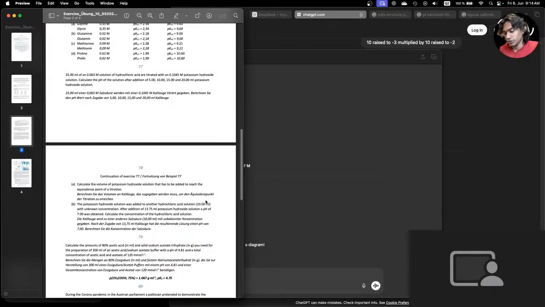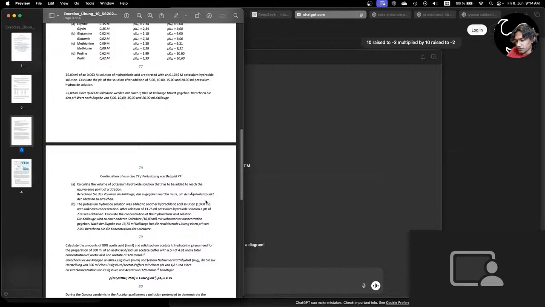For the second question, we are asked to find the volume of KOH, potassium hydroxide, needed to reach the equivalence point of titration with HCl. That means the moles of KOH would be equal to moles of HCl, and the pH of the solution would be 7.